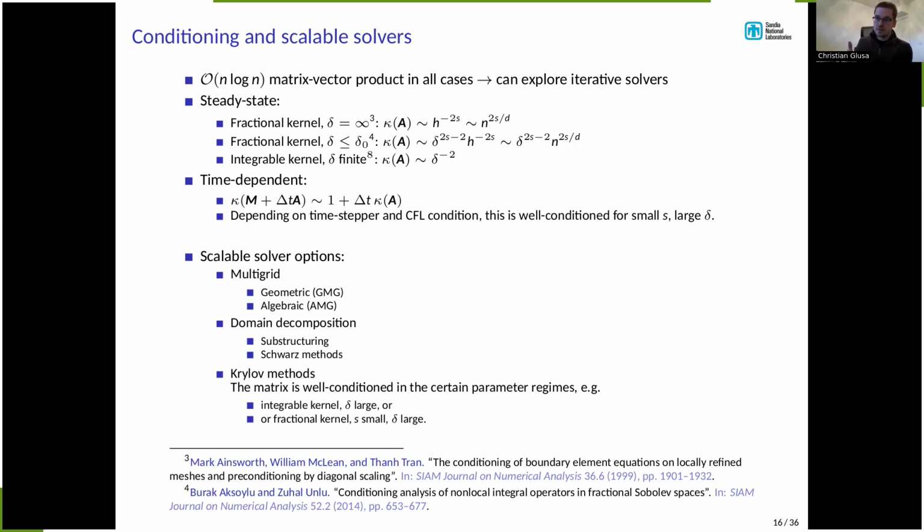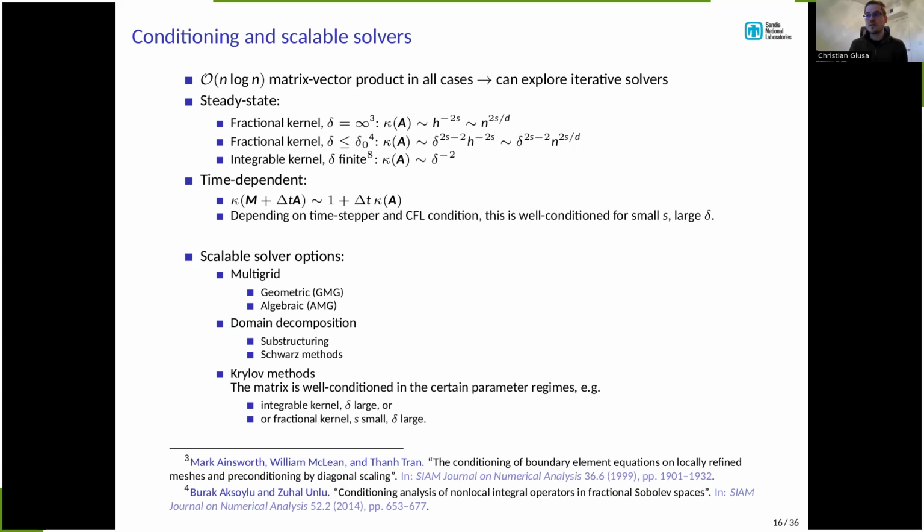Maybe the simplest case to visualize is the fractional kernel, where we know the two parameter limits: it's an interpolation between the identity operator and the Laplacian. So it's no surprise that the condition number also interpolates between the condition number of the identity, which is one, and the Laplacian. Depending on what the fractional order is, we'll have a more or less ill-conditioned operator.